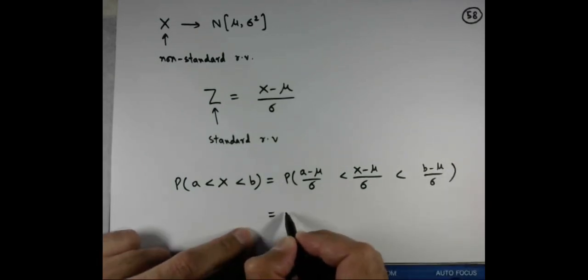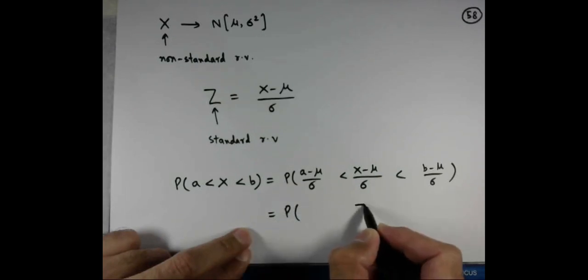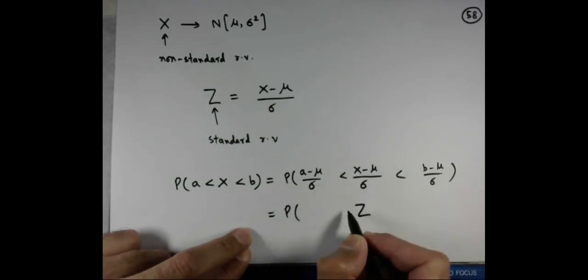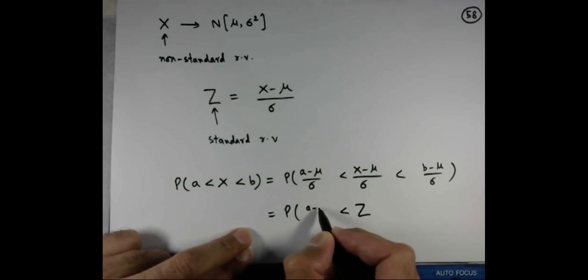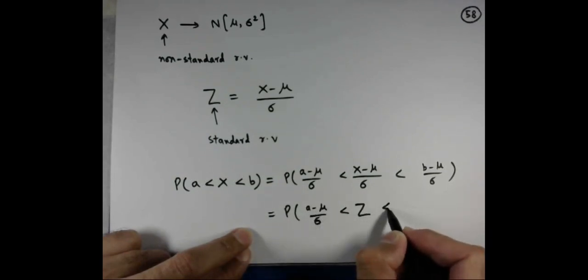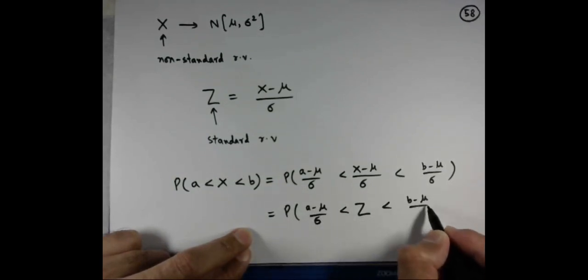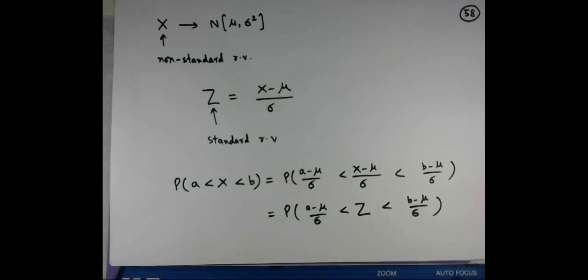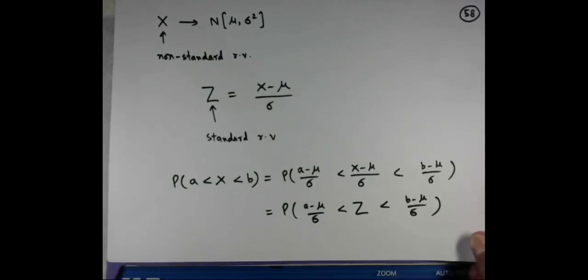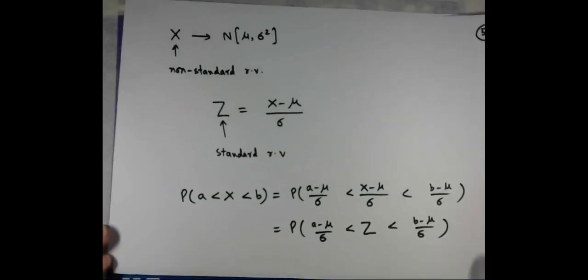So this becomes the probability that z, which is now standard, is greater than a minus mu over sigma and less than b minus mu over sigma. We can now quickly move on to solve the final example of today's lecture.